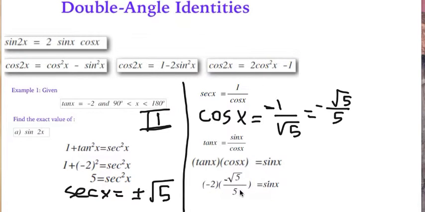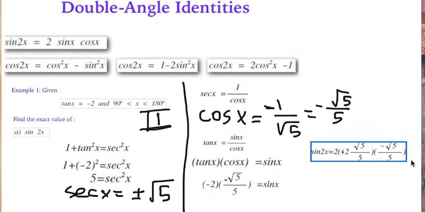So sine 2x is equal to 2 sine x cosine x: 2, and this is sine x, which is this value, minus by minus is plus, so you get 2 square root of 5 over 5, cosine x, which is the value found here.